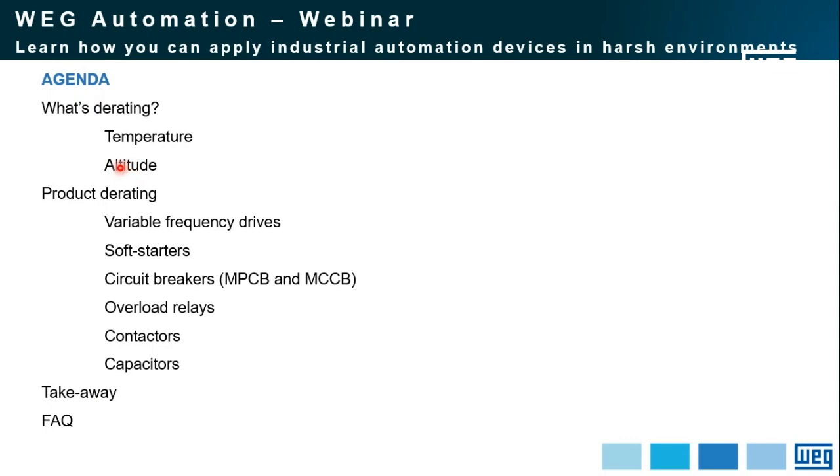Then I'm going to give several examples and applications of products according to these two main factors. We go through variable speed drives, soft starters, circuit breakers, overload relays, contactors, and capacitors. At the end, I'll give a wrap-up of this presentation and an expected FAQ, frequently asked questions that I believe you will have.